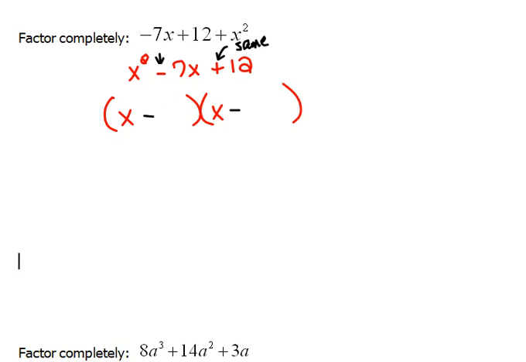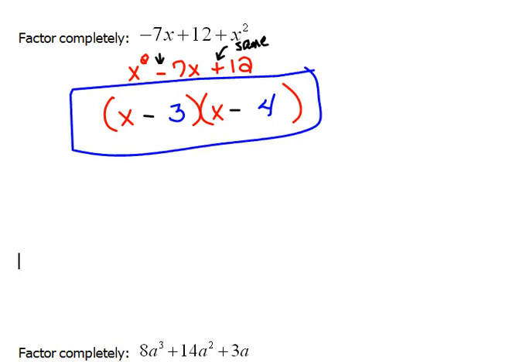Now we need to break up the 12 into something times something, and we want that, when we combine those numbers, to be a 7. So how about 3 and 4? Because negative 3 times negative 4 would give us a positive 12, and negative 3x and negative 4x would give us a negative 7x. So this is how that factored.